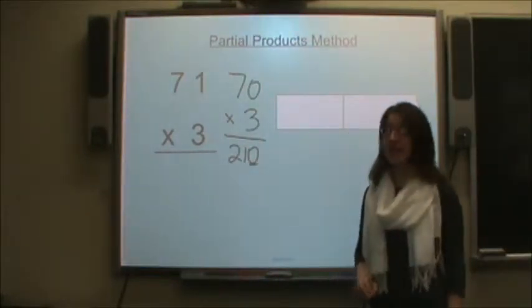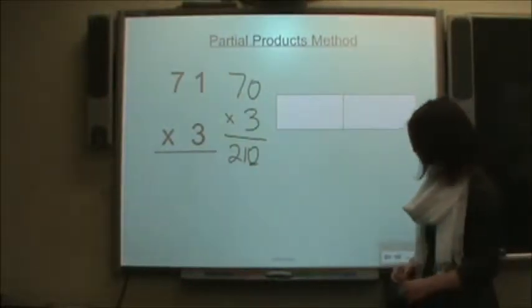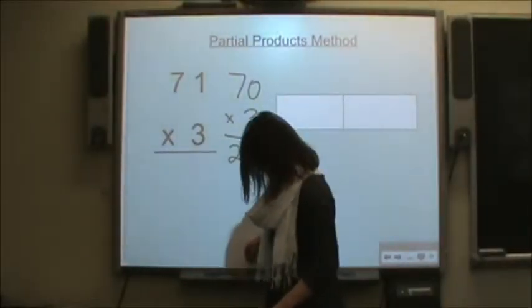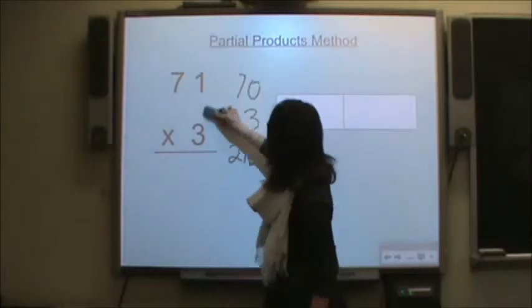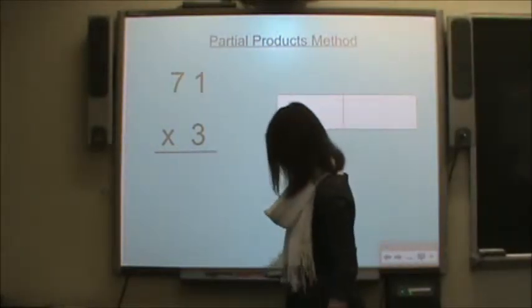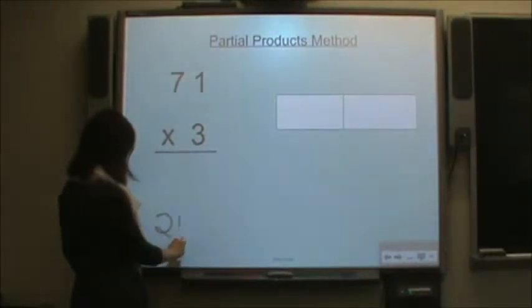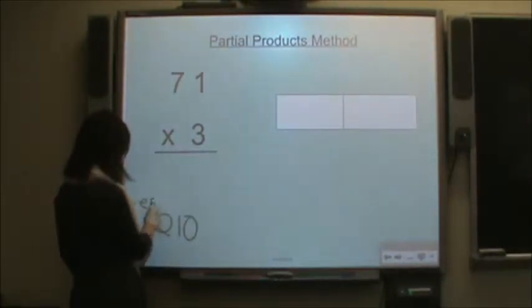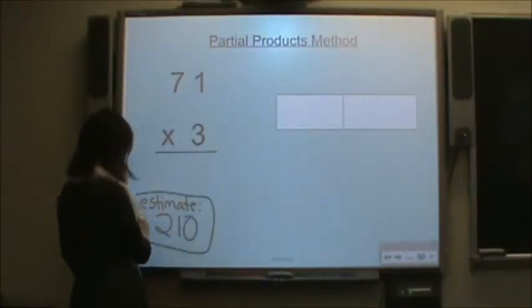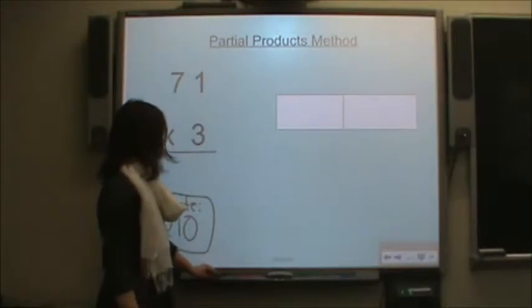So 210 is my ballpark estimate. I'm going to erase that and write my answer down here just so we don't get confused.